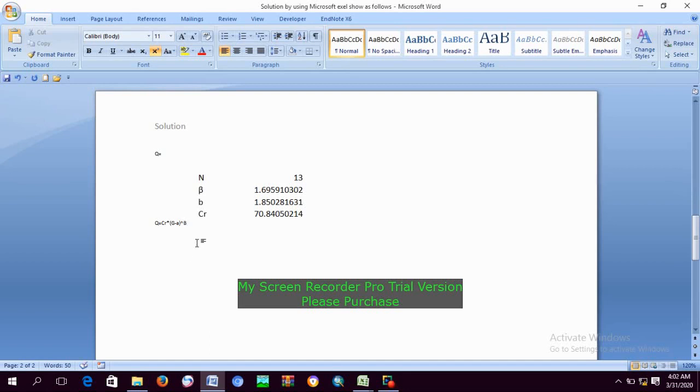The equation for Q can be expressed using this formula: Q is equal to 70.84 times (G minus 35) to the power of 1.6959.